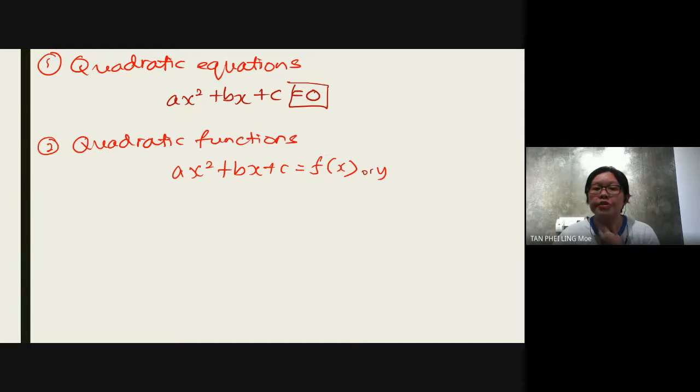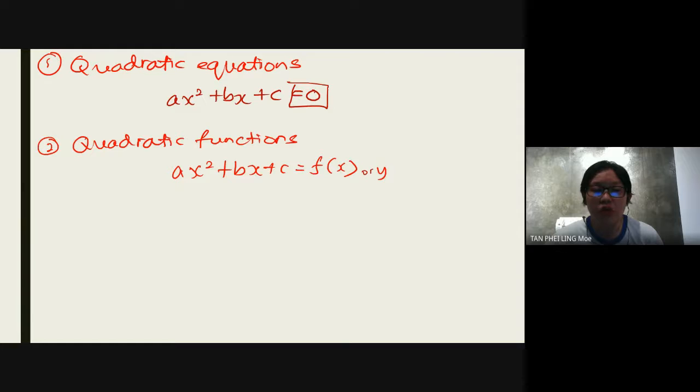When you write f(x), it tells you that it is a function that keeps changing. That's why a function can form a curve. Whereas for equals to 0, initially also it is y, but the y now has become 0.